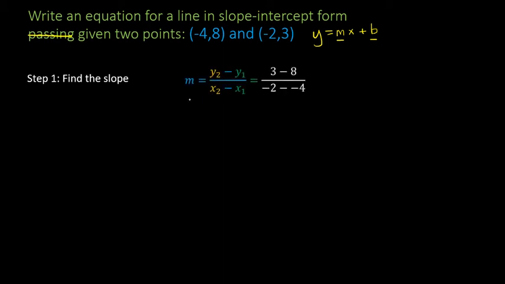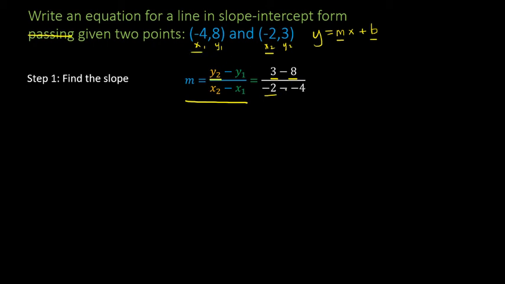Here's our slope definition, or our slope formula, and I've plugged things in. Once again, I chose x1, y1, x2, y2 like that, and you can look and compare that I plugged things in accordingly. So y2 is equal to 3, y1 is equal to 8. And then in the numerator, I have a negative 2, and I'm subtracting a negative 4.